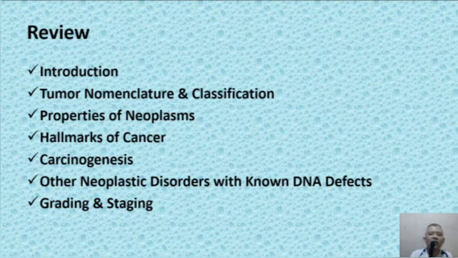We also have certain oncogenes and tumor suppressor genes that, when activated, or for tumor suppressor genes inactivated, will promote CA. And we also focused on some neoplastic disorders that have known DNA defects. For grading and staging, we have successfully differentiated these two terms. So I think that's it.